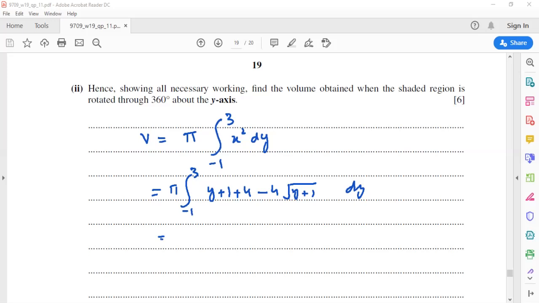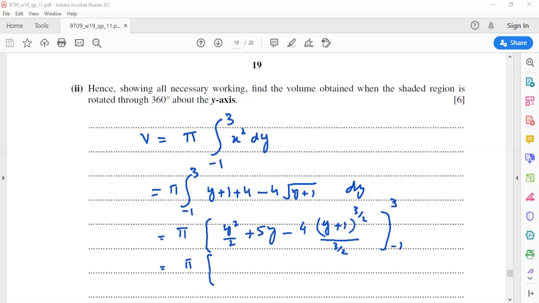So let's integrate this now. Y squared by 2 plus 5y, minus 4 times y plus 1 to the power 3 over 2, over 3 over 2, and the limits are from minus 1 to 3. Now pi as it is. Let's do a little bit more simplification.